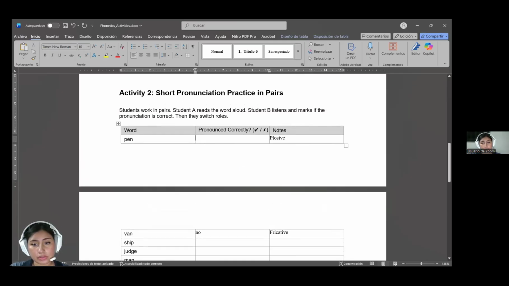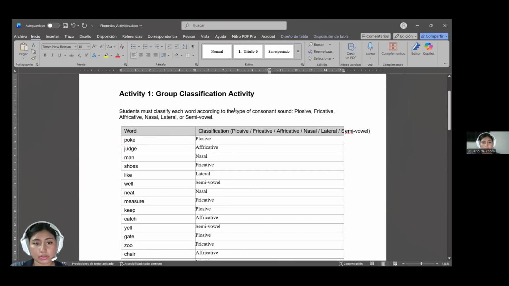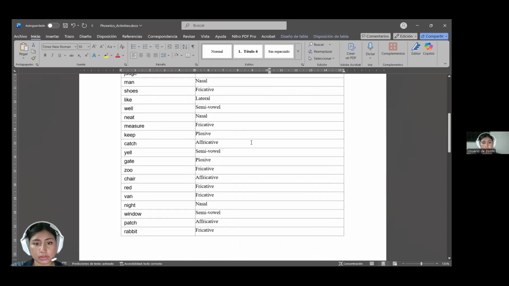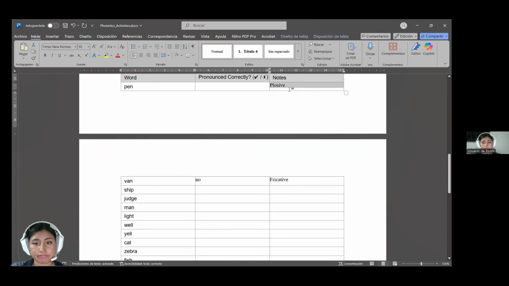And now you're going to write what type of consonant it is. I mean, if it is plosive, fricative, affricative, and so on. Yes, pen is plosive, for example.